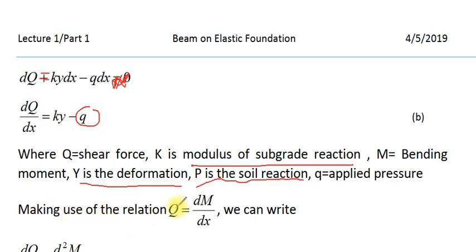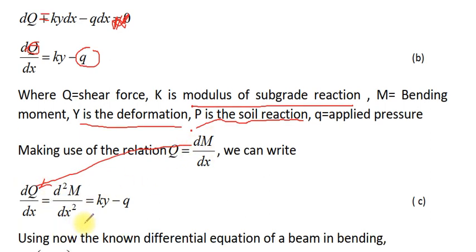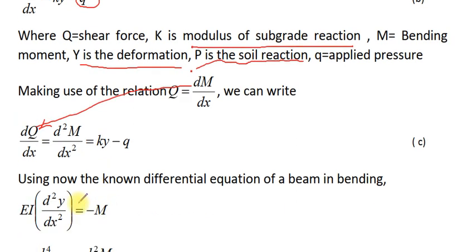Making use of the relation shear equal to dM over dx, the differential of moment with respect to x, replace Q equal to dM over dx in this equation. We get d squared M over dx squared equal to Ky minus q.